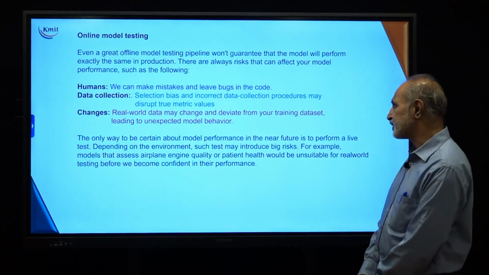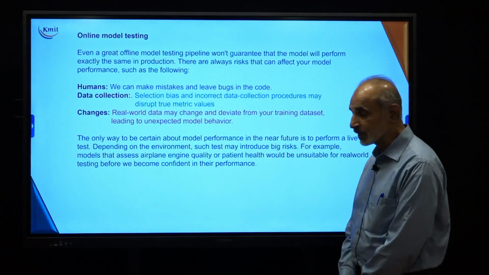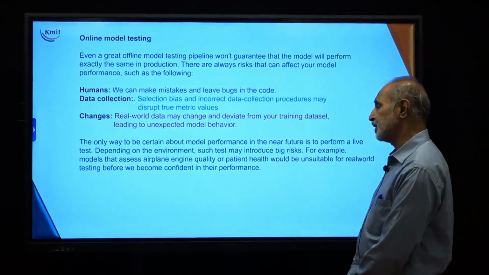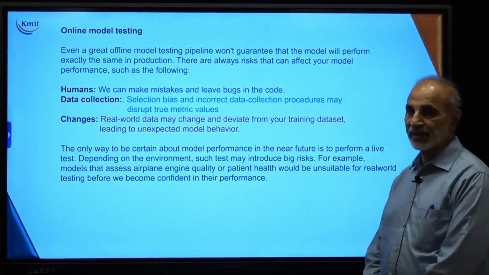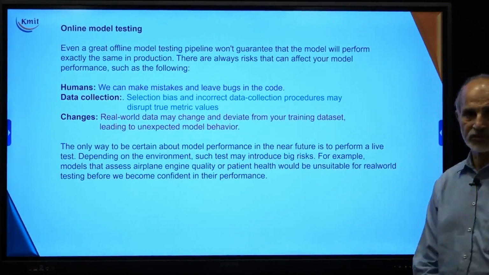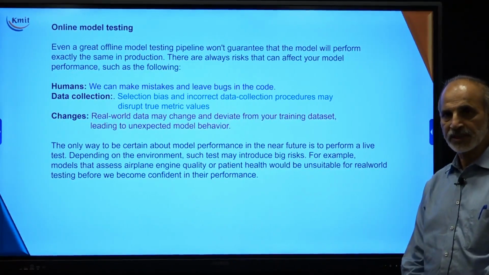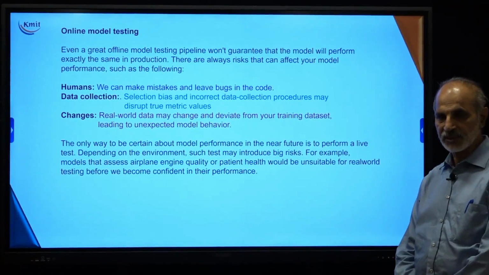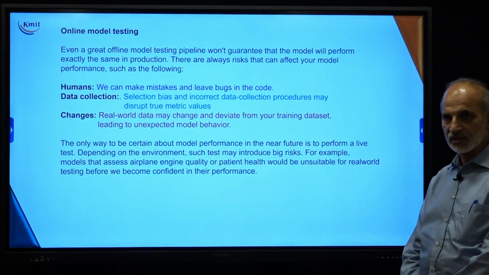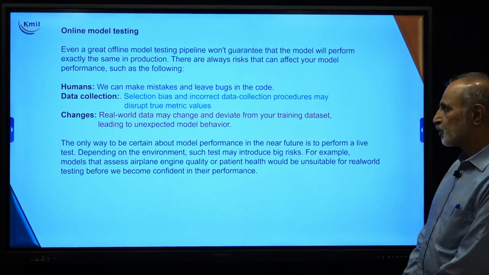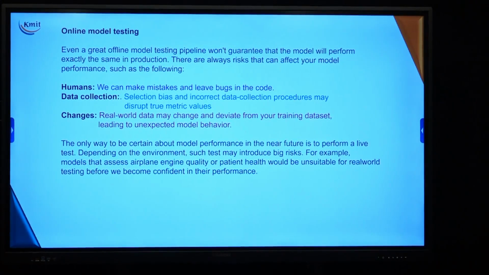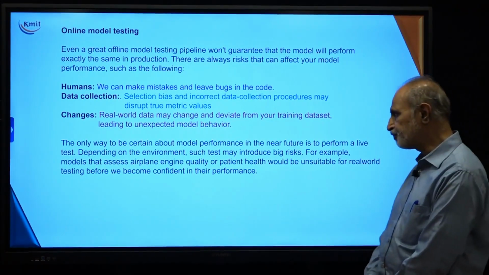So sometimes your data collection procedure may be incorrect, and it will disrupt the entire metric value. Whatever metric values we have seen, true positive, true negative, false positive, false negative, and then precision and recall and so on, all those metric values will not be as per your expectation.